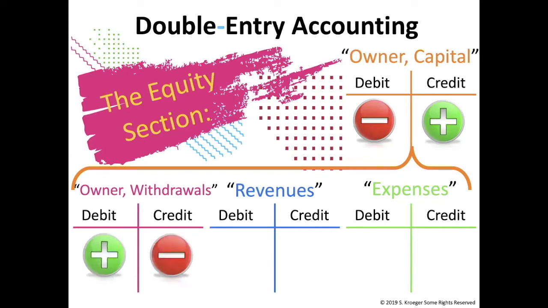We have one account for when the owner contributes to the business, which is capital, and another for when the owner withdraws from the business, which is the withdrawals account. For right now, you should not be debiting capital or crediting withdrawals. We also have the revenue and expense accounts, which will increase and decrease the equity section.